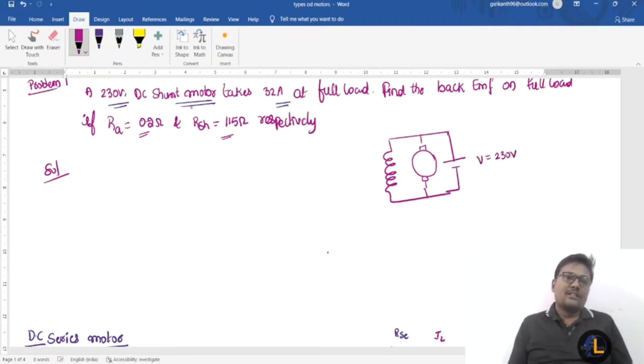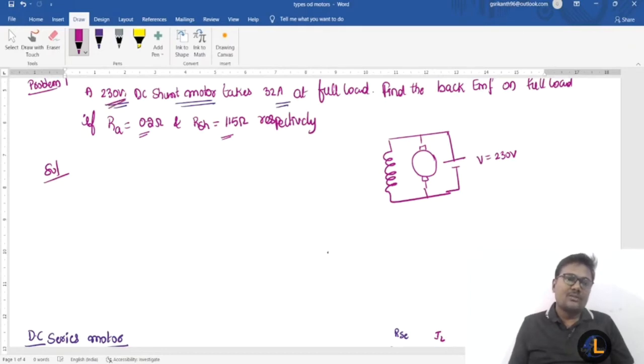You can remember, if it is a DC shunt generator or any generator, if the voltage is mentioned, it represents the electrical terminal voltage. That means a 220 volts DC shunt generator or 230 volts DC shunt generator means that is the terminal voltage. For a DC shunt motor, or for a DC motor, the input is electrical.